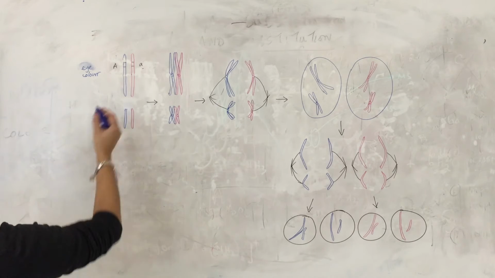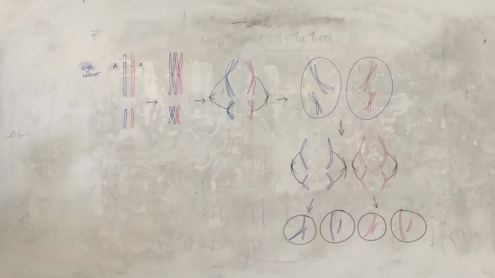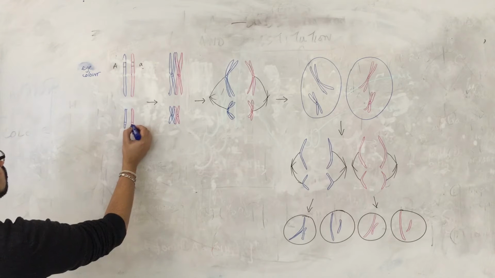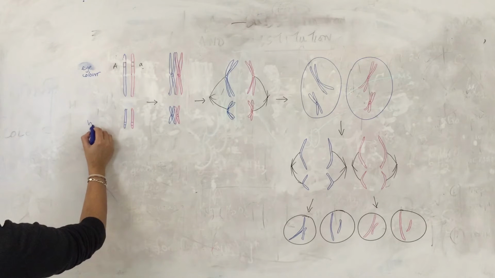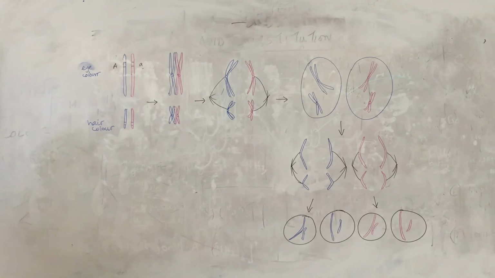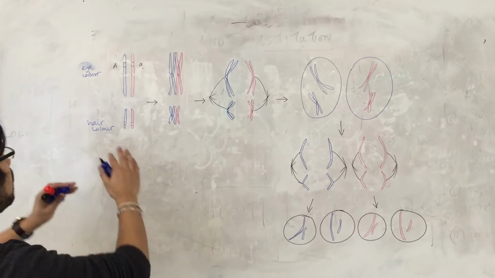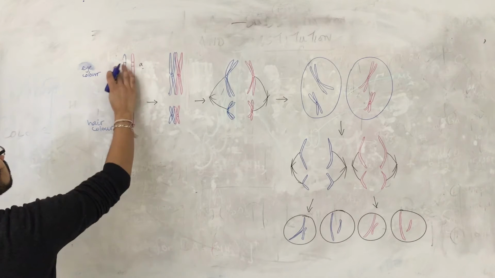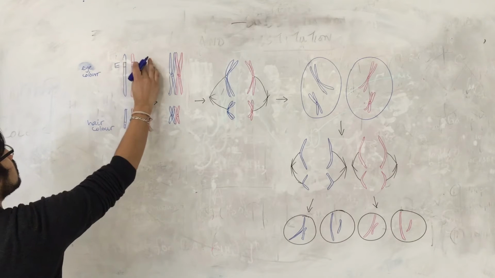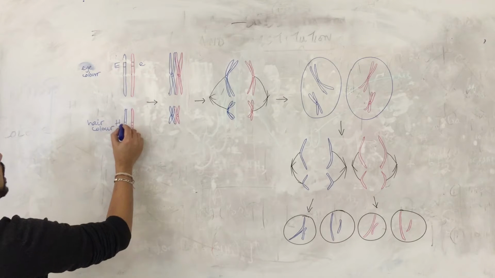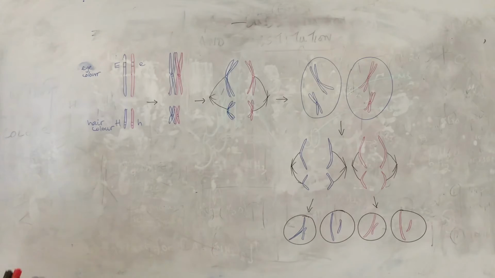And on a different homologous pair of chromosomes, there is the locus for hair color. We're just going to take a very simple example and use this. So shall we say E and E and H and H.